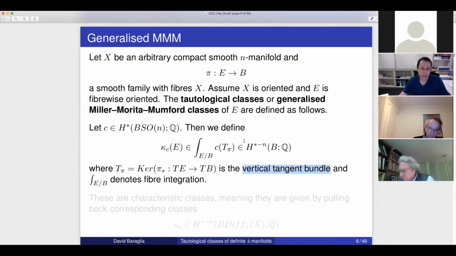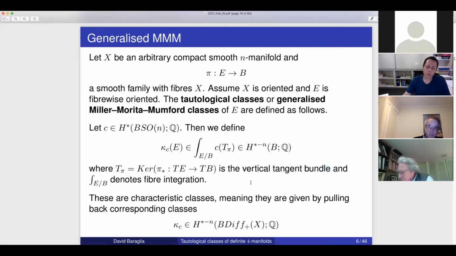And so you can do this for any family, and the classes that you get are characteristic classes, which means that they are pullbacks under the classifying map of corresponding classes in BDiff.